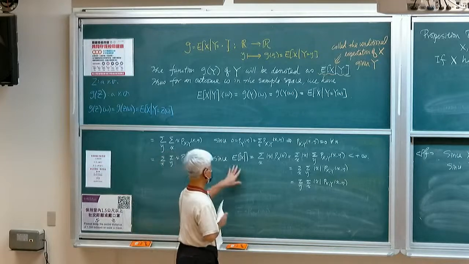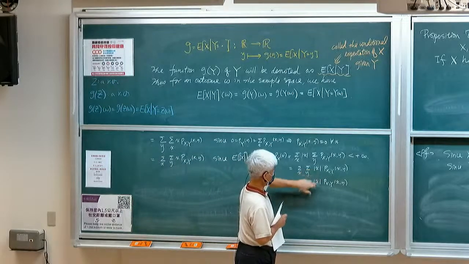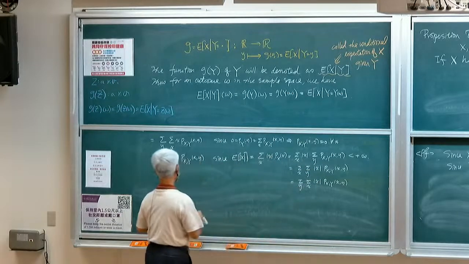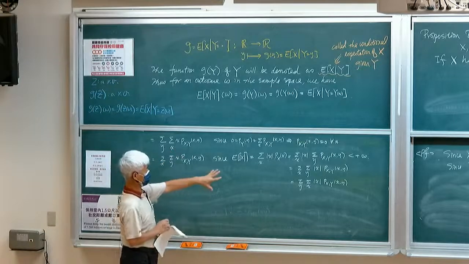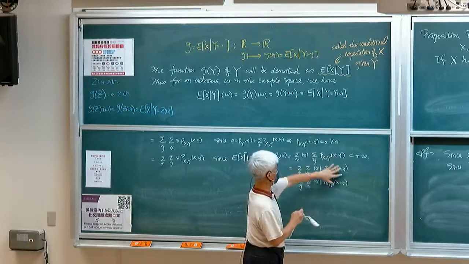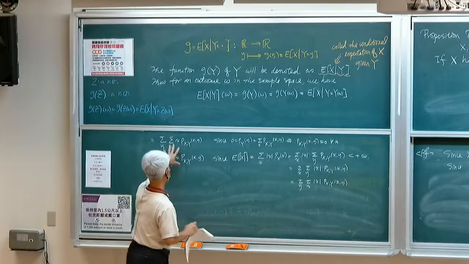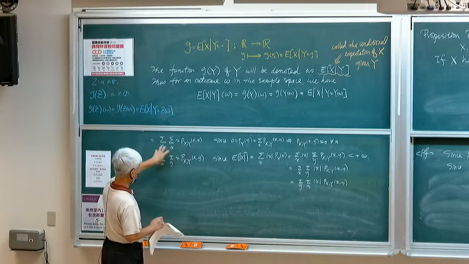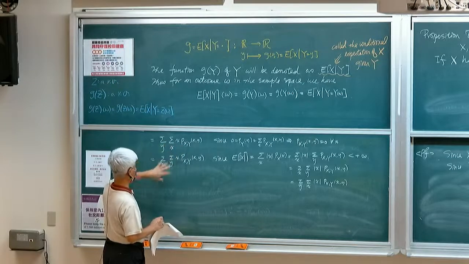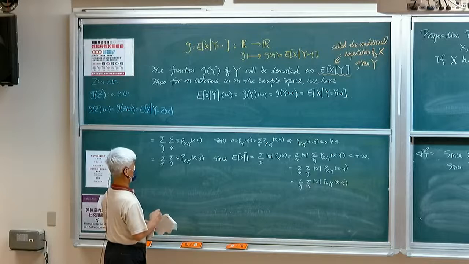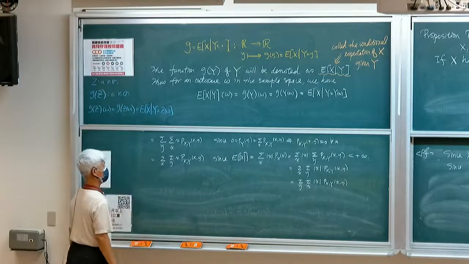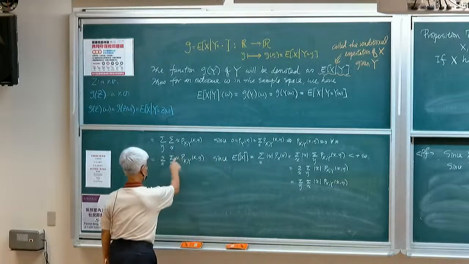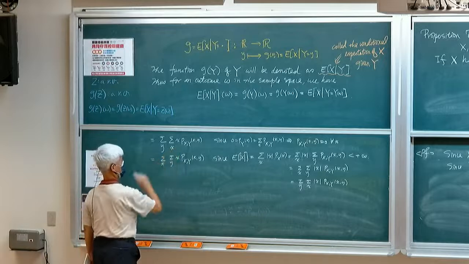So it converges absolutely, because you have the absolute value. Once this is true, because they are all finite, the corresponding summation can exchange the order of expectation. Absolute convergence implies convergence of these two sums, and they are equal.